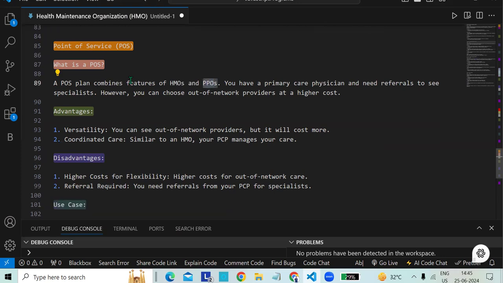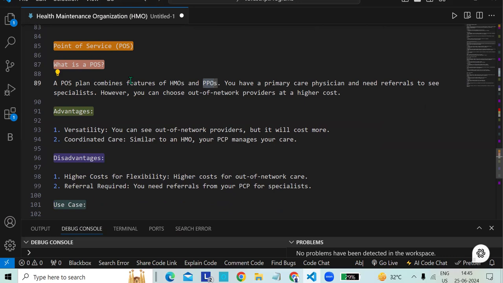That's it. Advantages: versatility. You can see out of network providers, but it will cost more. In PPO also we can see out of network providers, but it will cost more, right? So in POS also it will cost more. And coordinated care: similar to an HMO, your PCP manages your care.